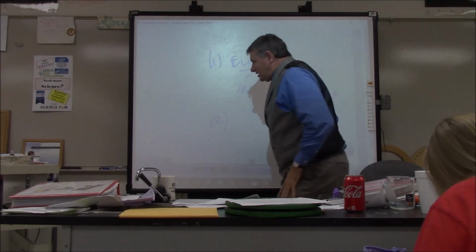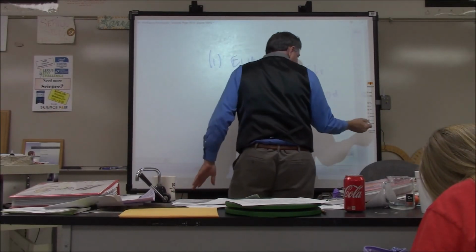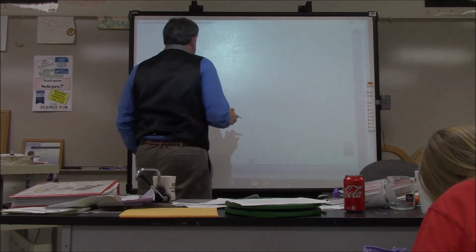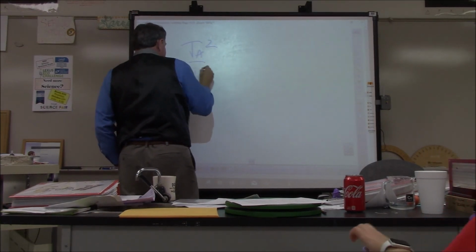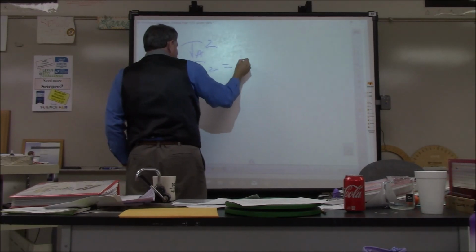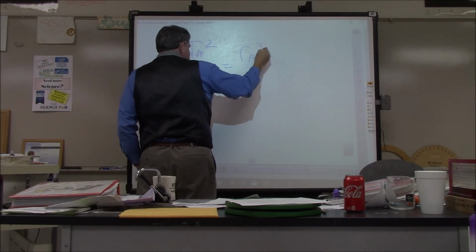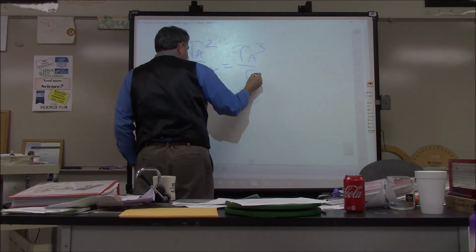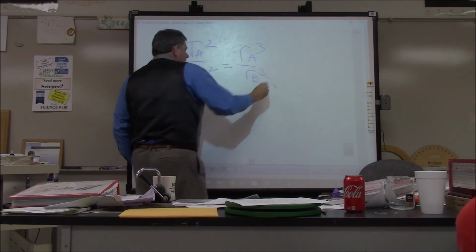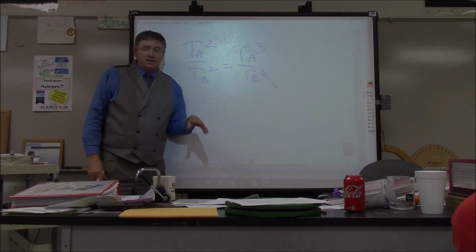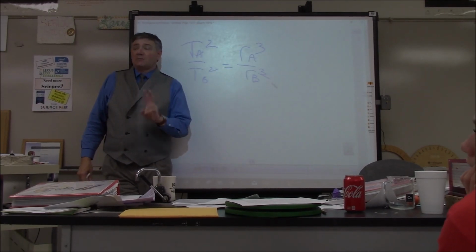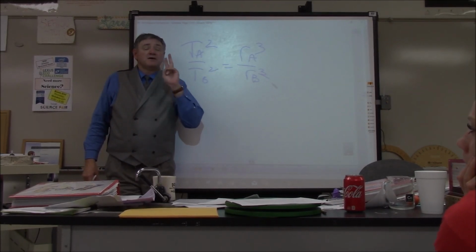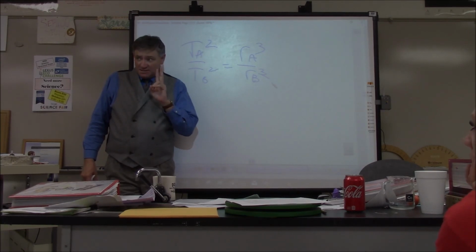Now, the third law, and this is what's on your equation sheet. Period of A squared over period of B squared equals radius of A cubed over radius of B cubed. What this does is allow you to compare the period and radius of two objects, now listen to me, that orbit the same center.